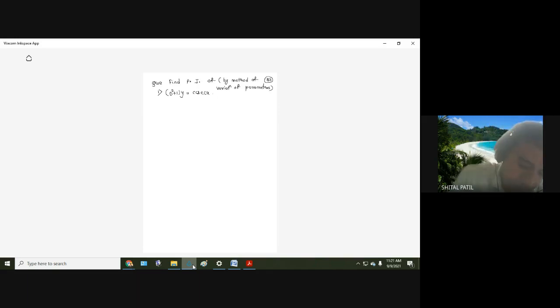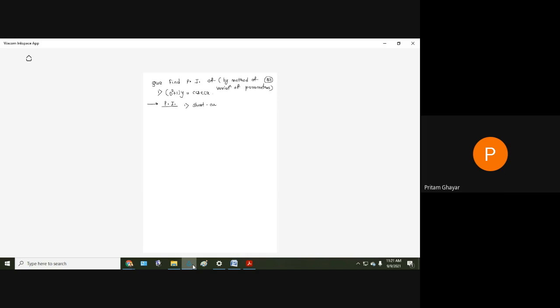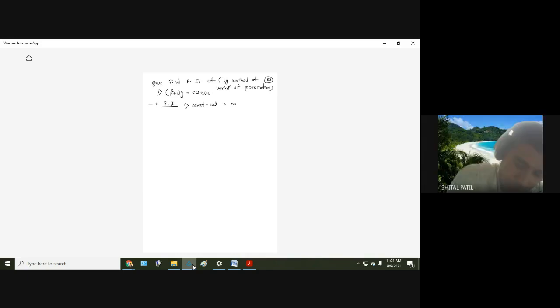Can anyone tell me, can we use the shortcut method? Our aim is to find the PI. So can we use the shortcut method? No, sir, not applicable, since the shortcut method formula is known for sine and cos only. Can we use the general method?